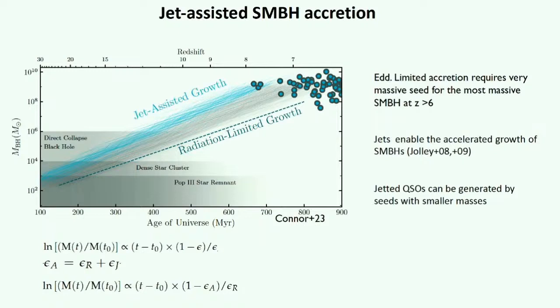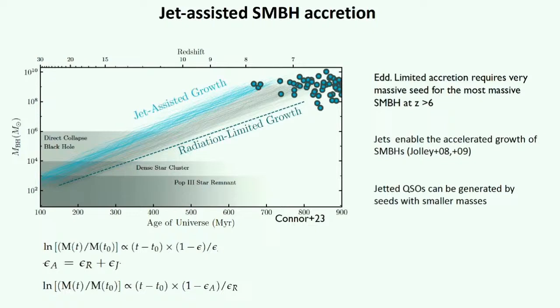The idea that a large fraction of massive quasars have a jet can be helpful in explaining the presence of these very massive objects at very high redshift. Indeed, if you assume limited growth, we require the black hole seeds at the beginning to be very massive.